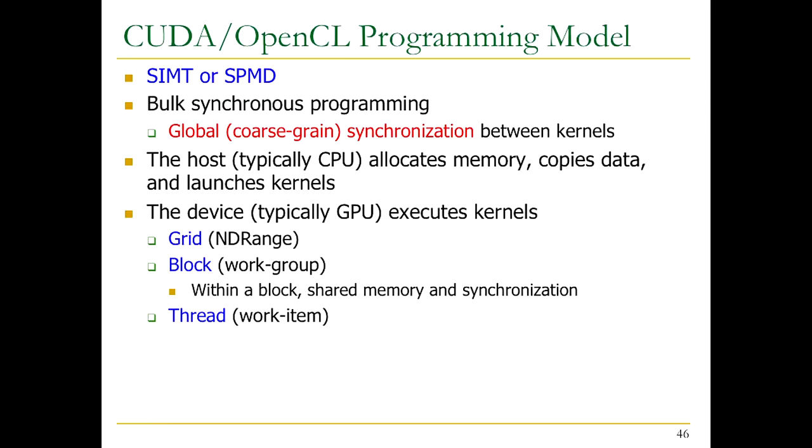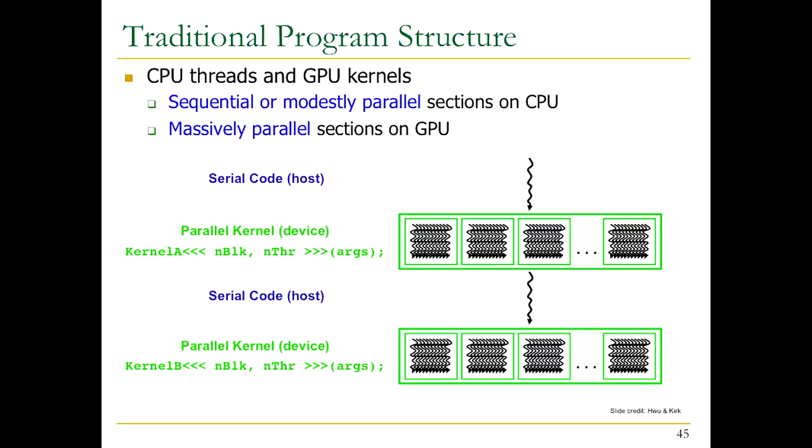So from the programming point of view, this is what we saw in the previous part of the lecture, that this is called the SIMD or the SPMD model. And we say that this way of programming is bulk synchronous. Why is it bulk synchronous? Because we don't have the ability to synchronize these thread blocks in an arbitrary way.